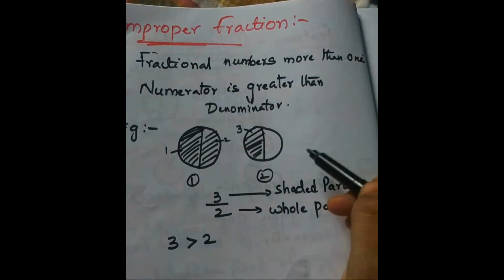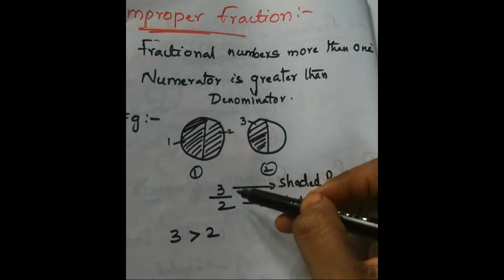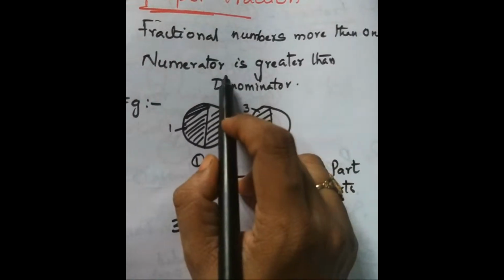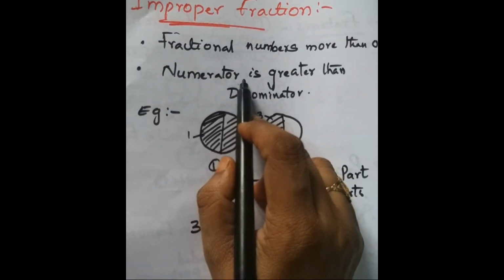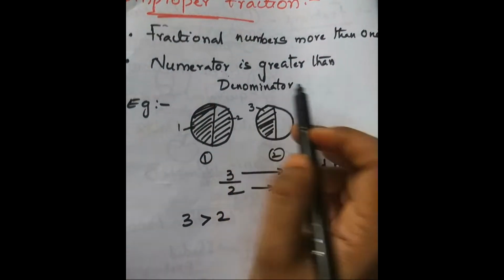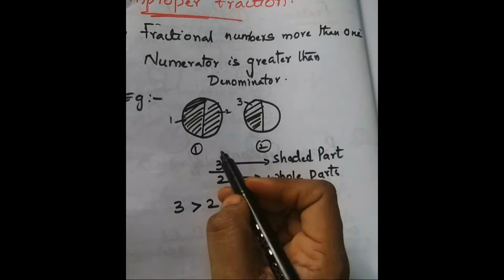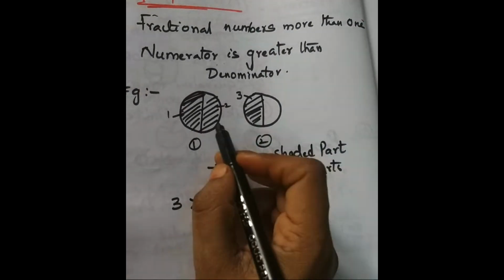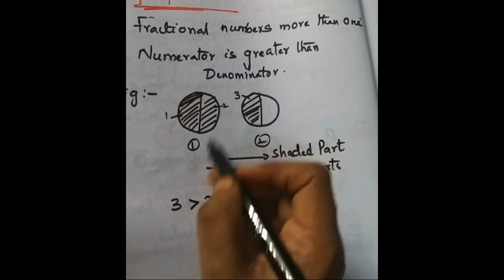Numbers more than 1: 3 by 2 is greater than 1. And the second point we have to remember mainly is that the numerator is always greater than the denominator.